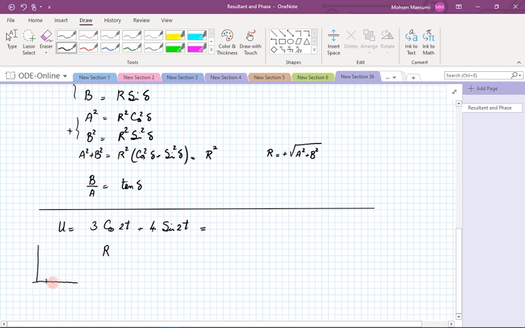A is 3, B is 4, hypotenuse is going to be 5, so that's the easy part of this. And this delta, make sure you always eyeball it so that your answer will be close to what you get from your calculator, so in case you press the wrong button or something, you catch your own mistake.